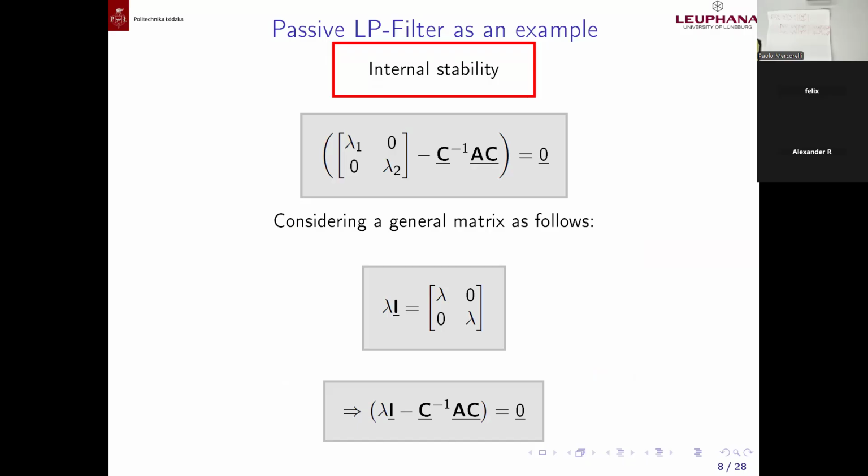Look at this again. If you don't like this expression here, which is more general, remain on this, assuming that I have lambda 1 and lambda 2.